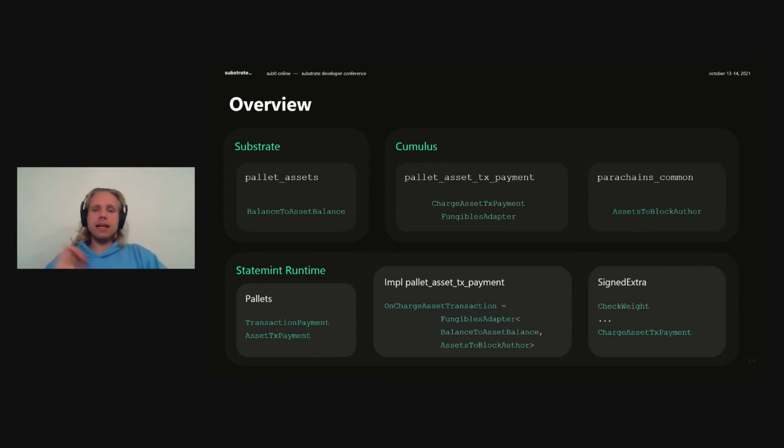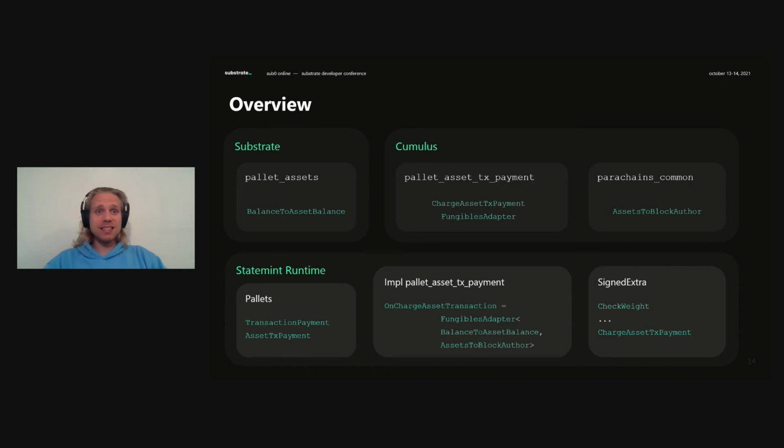And then we have the sign extra, which delineates the signed extensions used for transactions for this runtime. And there we swap out the previous transaction payment one and put ours in. And this is because our signed extension wraps the one that is present in Substrate and actually passes on to it, which you will see in a moment.